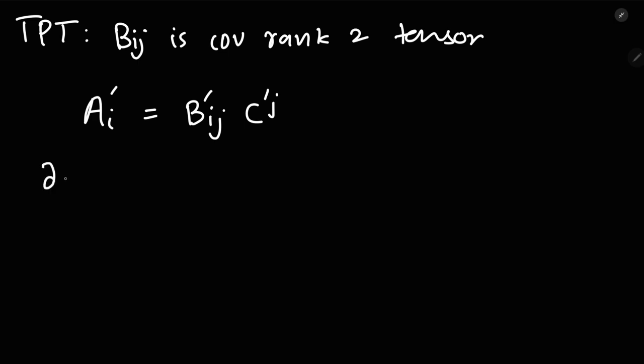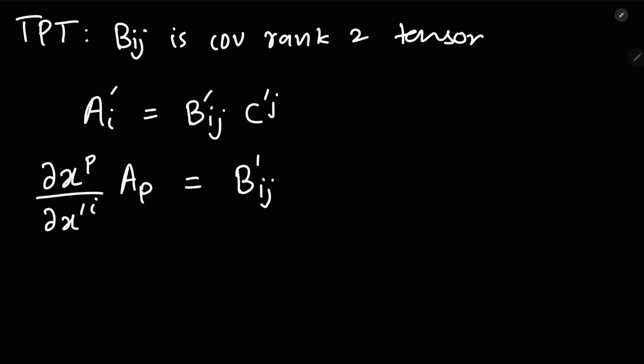So this is del xp by del x prime i Ap. This will be equal to B prime ij. We don't know beforehand what this B prime looks like, and this C prime j will be del x prime j upon del xq Cq, transforming contravariantly with respect to this index.